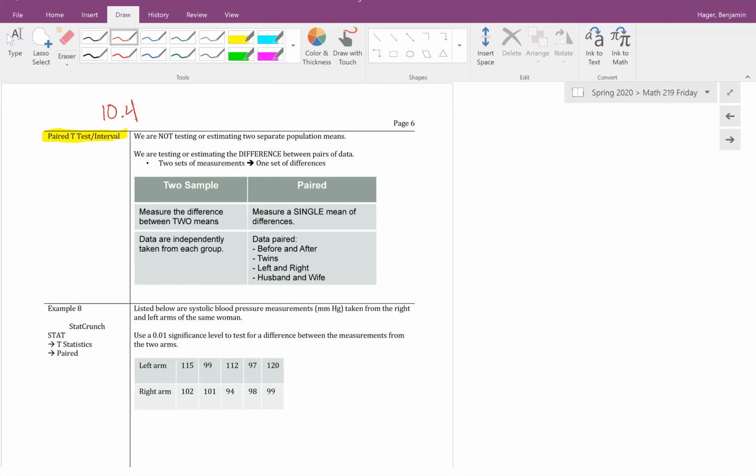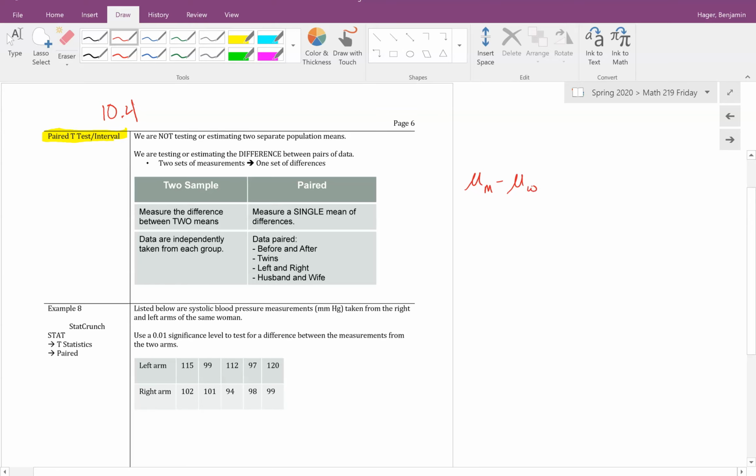A paired t-test. So what we have been used to doing in 10.1 and 10.3 is dealing with differences in means of two groups or proportions of two groups. So maybe we were comparing the average height of all men to the average height of all women.